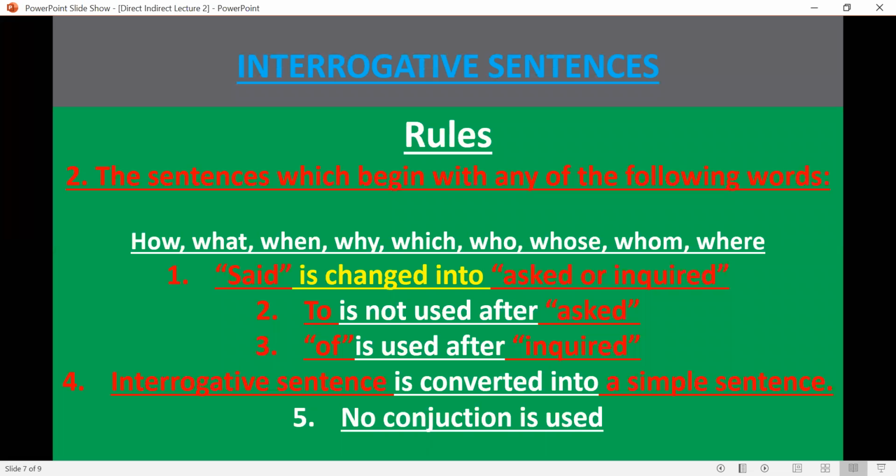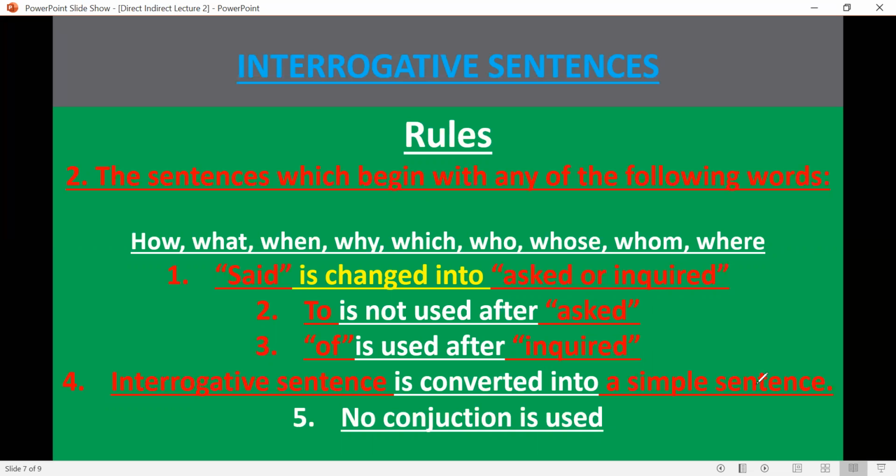Now, the second type of sentences, which begin with W words: what, when, why, which, who, whose, whom, where, and how. Said is similarly changed into asked or inquired. To is not used after asked. Of is used after inquired. The interrogative sentence is converted into a simple sentence.